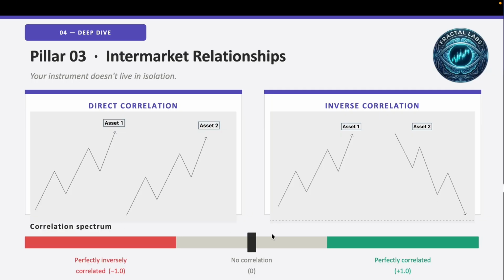And here we have a spectrum because the extremes are not populated. So what I mean is there are not perfectly correlated or perfectly inversely correlated assets. There's a spectrum. So NQ and ES are probably somewhere here, very similar, very correlated, but NQ and the DXY, they're like here. They're not towards the extreme.